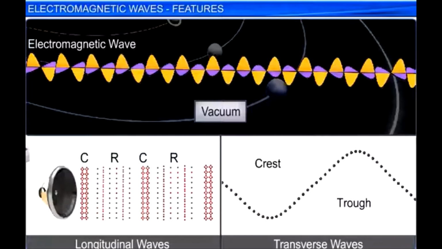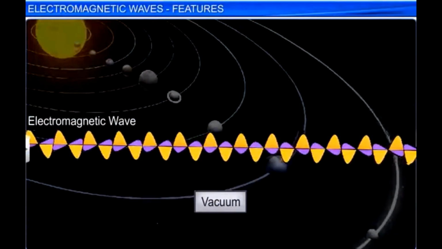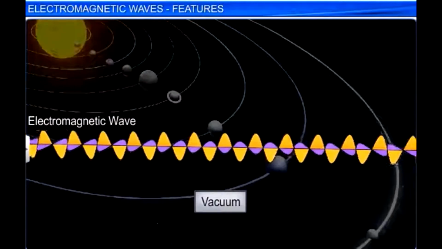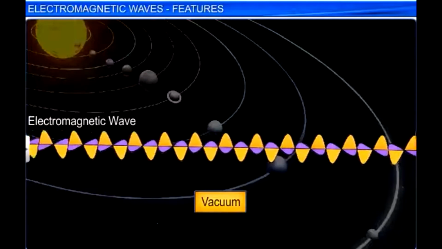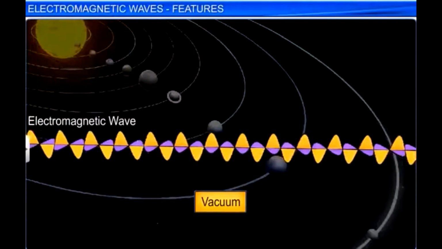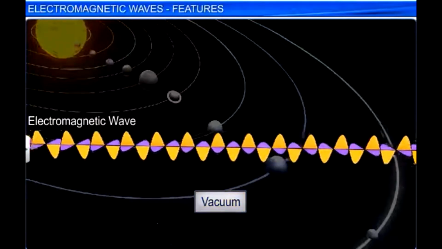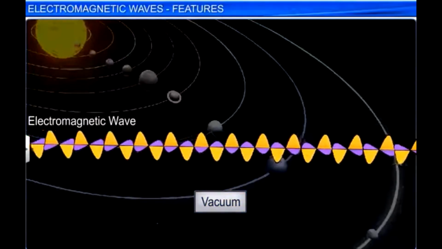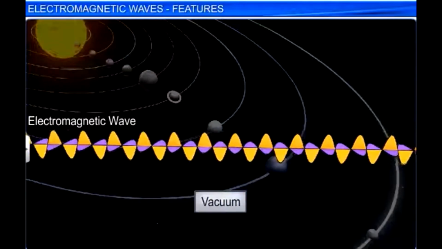The first important feature of electromagnetic waves is that they can propagate in vacuum. That is, a medium is not necessary for the propagation of electromagnetic waves. From Maxwell's equations, the velocity of electromagnetic waves in vacuum is written as c = 1/√(μ0ε0).